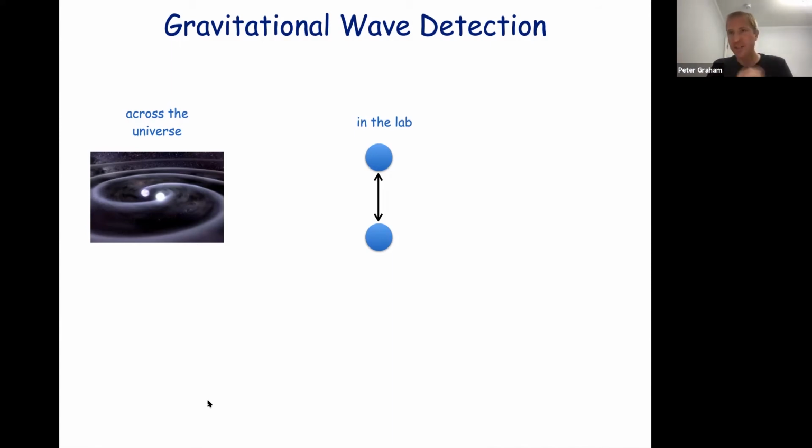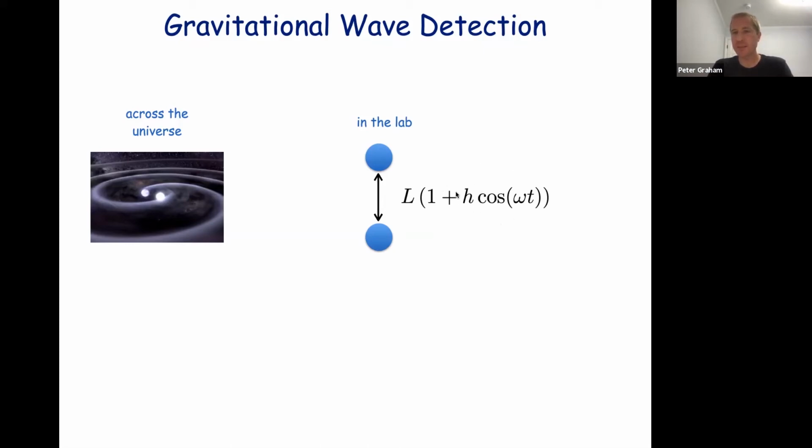If you haven't, you've probably still heard about the basic effect: after propagating 400 megaparsecs across the universe to us in the lab, if we have two masses, for example the two mirrors of LIGO or atoms, just floating around, then as the ripple comes through, the distance between these two masses, let's say it was originally L, will pick up some small fractional strain, some small fractional change of size h.